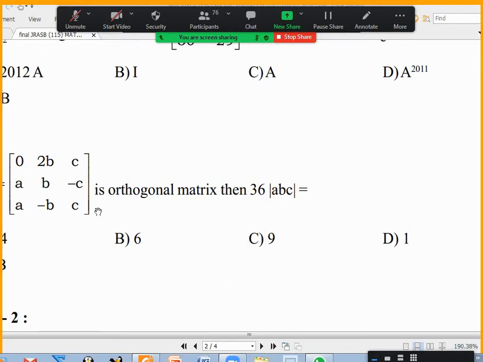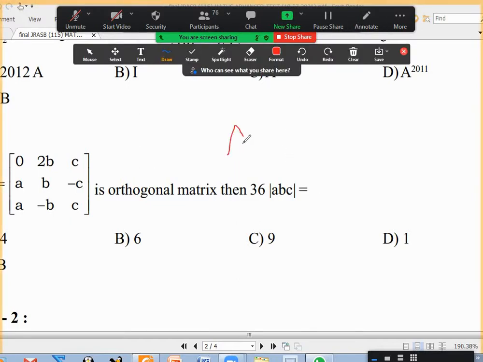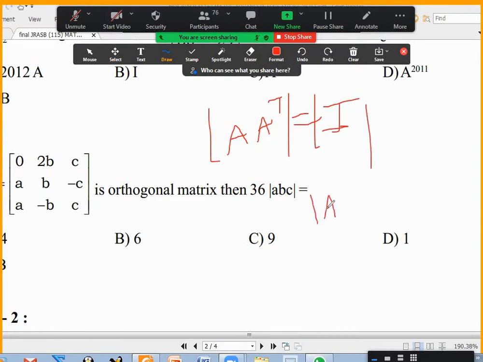I think I can find the det and equate it to 1. If A into A transpose is equal to the identity matrix, you apply det on both sides, you will get det A into det of A transpose is equal to det of identity matrix, which is 1.